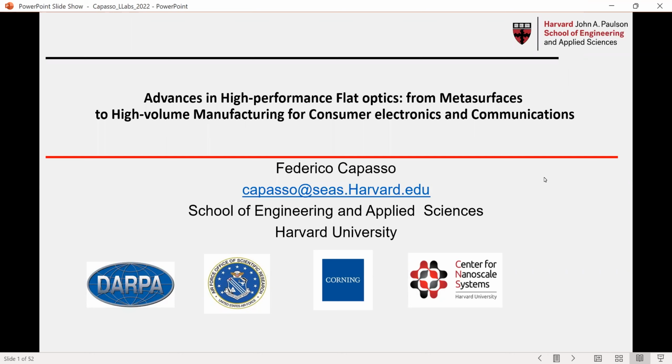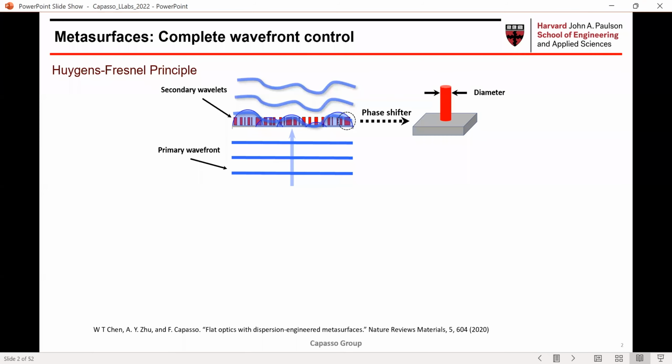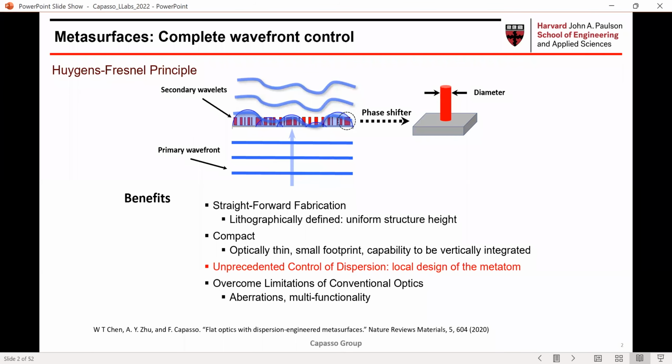So this is my opening slide, and you already heard the topic, so I'm going to move swiftly to the next. Metasurfaces are a way to control in an arbitrary way the wavefront of the incident light. Typically we have a surface that is nanostructured with phase shifters.